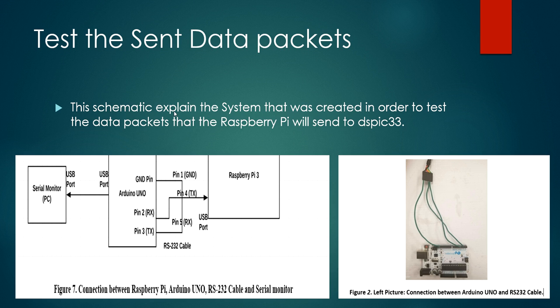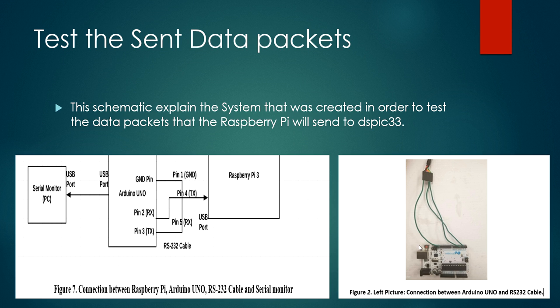The schematics over here explain the system that was created in order to test the data packets that the Raspberry Pi will send to the dsPIC33. As I mentioned earlier, in order to test everything out, I used an Arduino Uno. Between the Raspberry Pi and the Arduino we have the RS-232 cable, and between the Arduino and the serial monitor we have a USB cable that goes into USB ports on both ends.